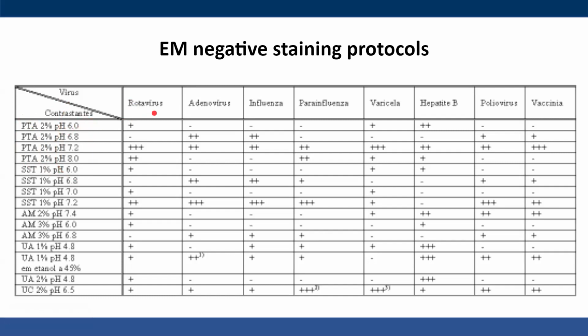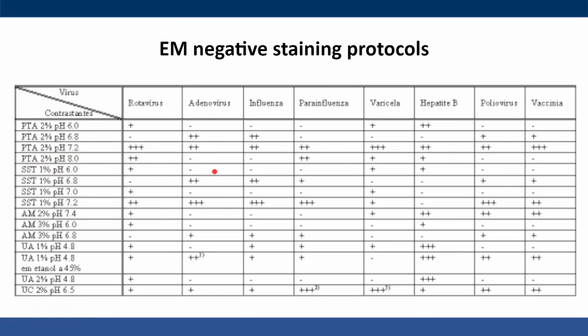So here we can see a difference between the applications. With PTA 2% and pH 7.2, we can use it for rotavirus, and you can use it for almost everything, but we can see another pH here with the same preparation. We cannot use it for adenovirus.